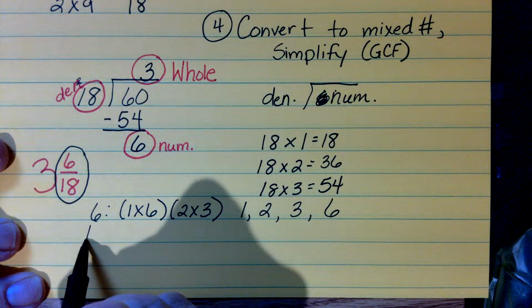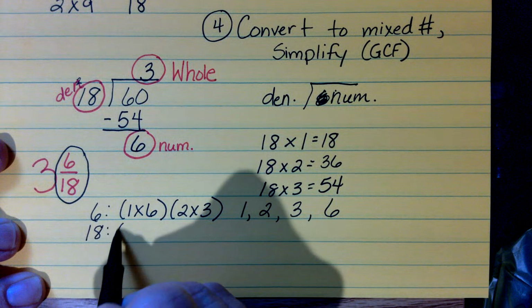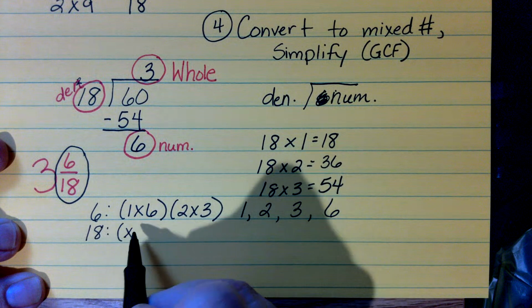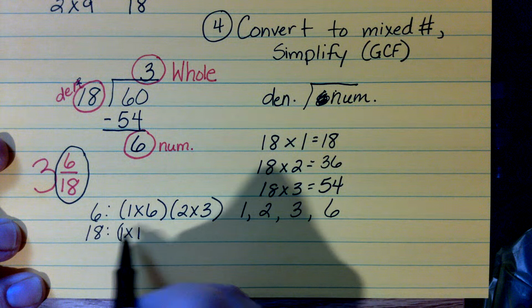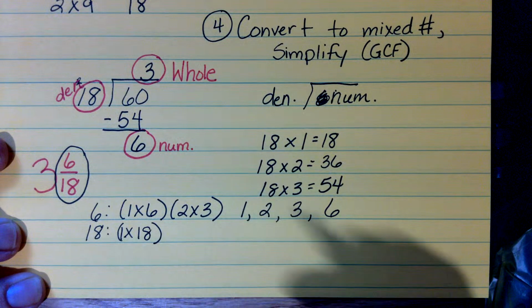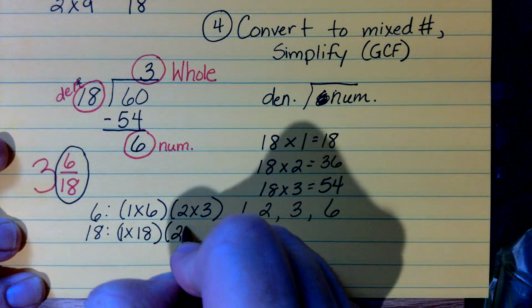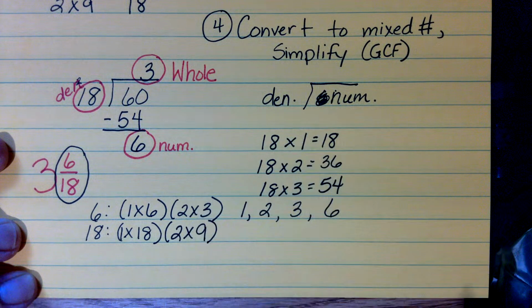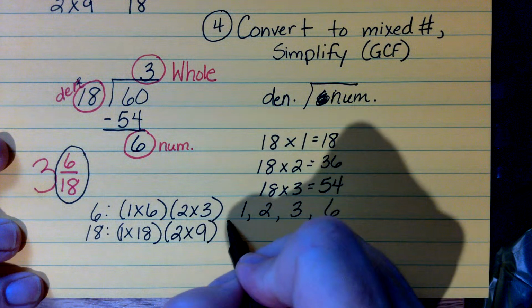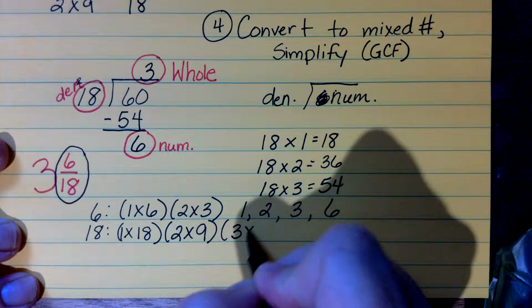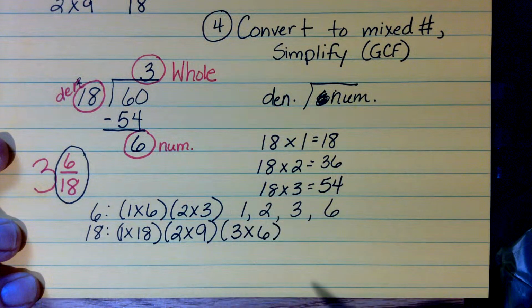For 18, I know that 1 times 18 is 18. I know that 2 times 9 is 18. I know that 3 times 6 is 18.